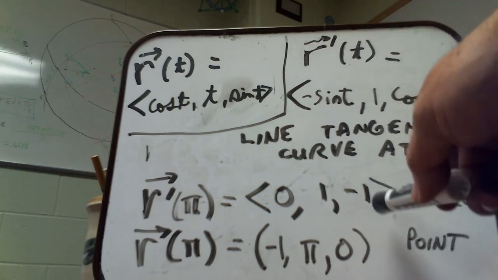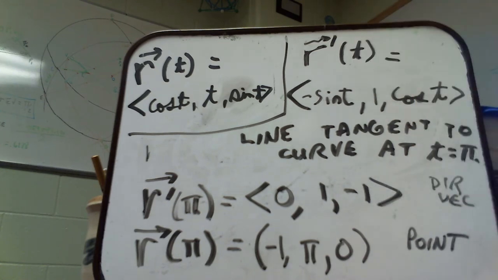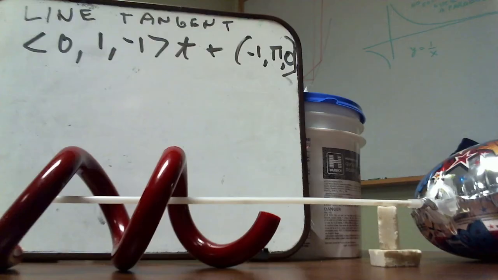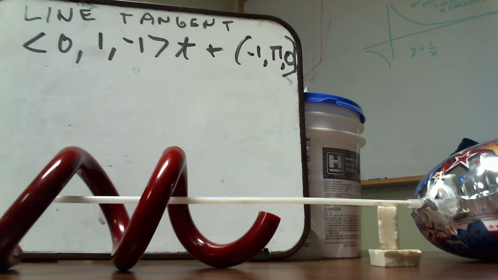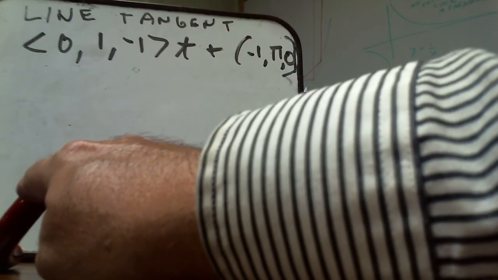And let's take a look at this direction vector. Let's go back to the curve. To figure out what this line tangent looks like, I've got to get some coordinates on this thing. So when t is equal to 0, it turns out I'm at this point.